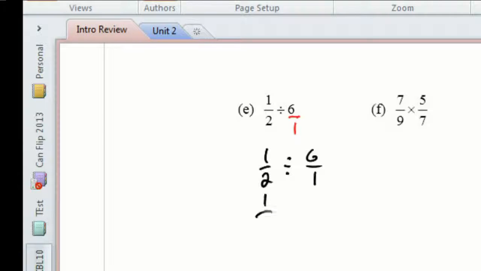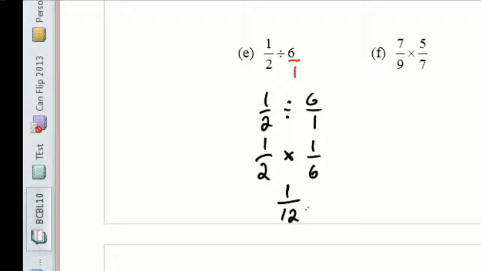So we're going to leave the 1/2 out front, multiply, and flip the second one, so 1/6. On the top, I get 1 times 1 is 1, and on the bottom, I get 2 times 6 is 12. And that should be it.